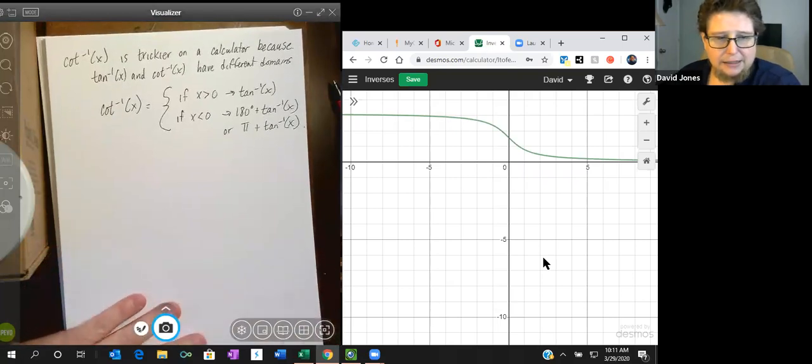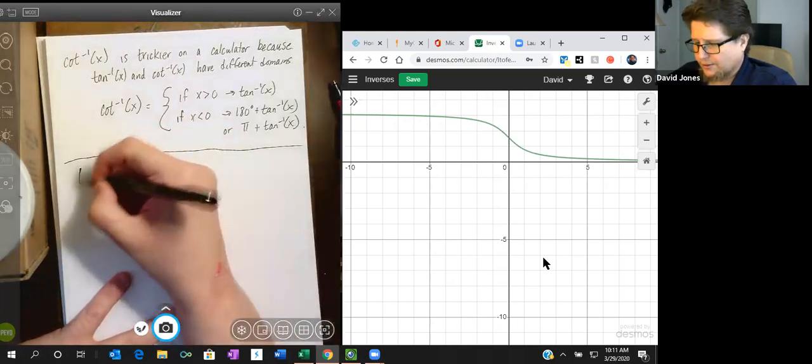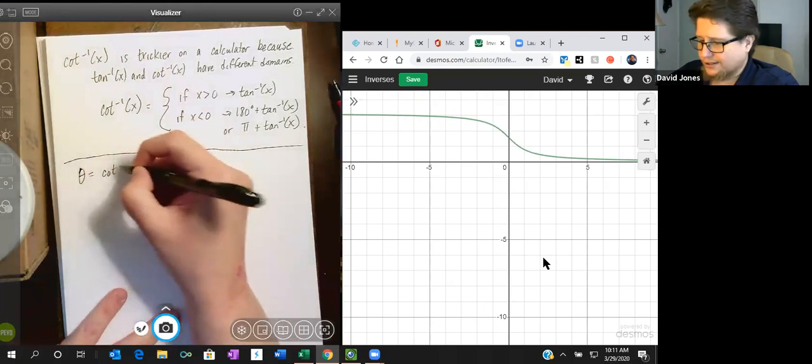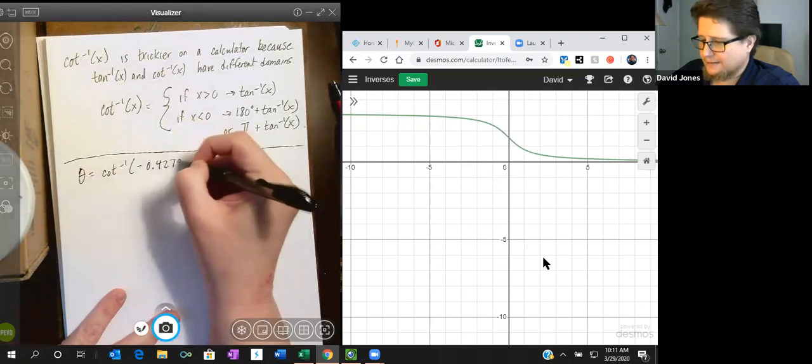So try these on a calculator. Let's do a cotangent inverse on the calculator. Let's do theta equals cotangent inverse of -0.4279.